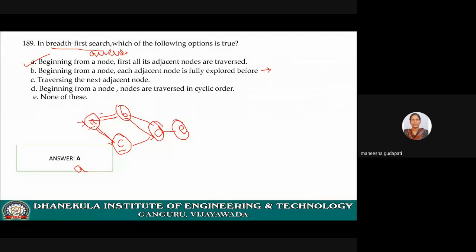That means if I traverse to node B, I will go to the next level of B, that is D. From D, you will go to E. Later, you will come back to C. Where does this happen? Yes, in DFS. So the second option is for DFS, that means depth first search.